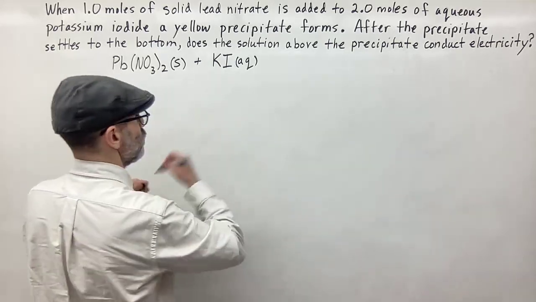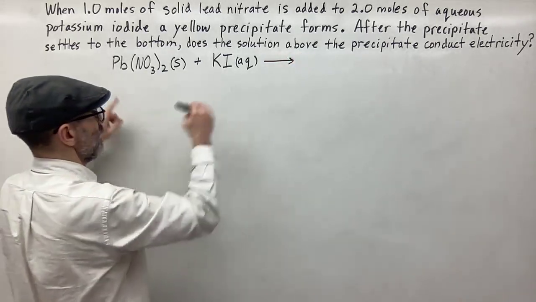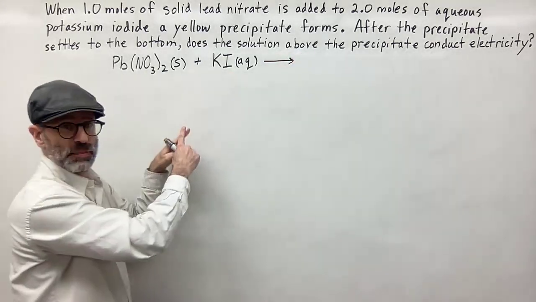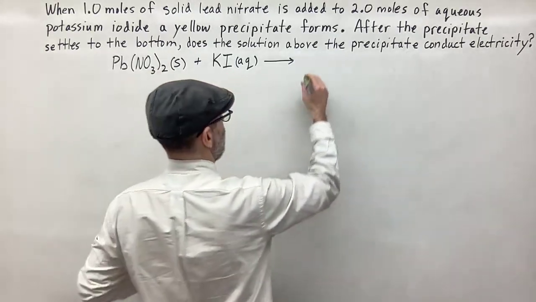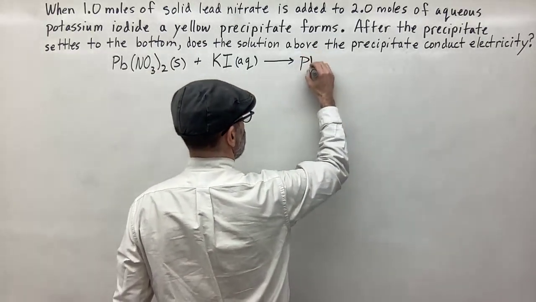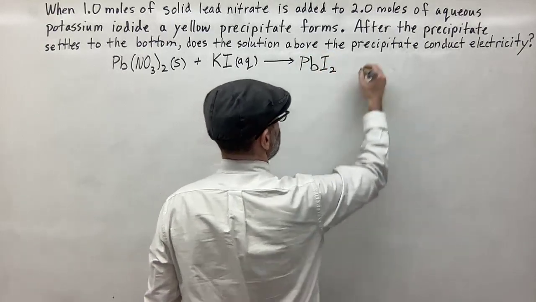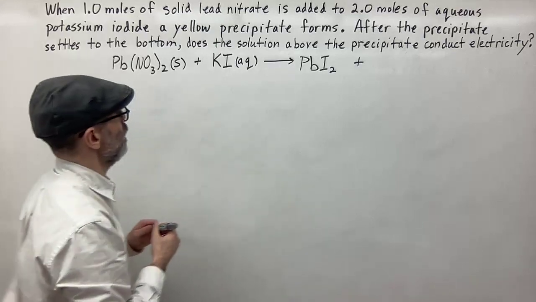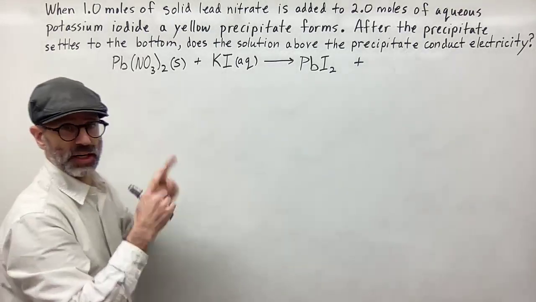So to predict our products, we'll take the outside ions and put those together. So the lead 2 with the iodine is going to give us PbI2 for the formula, plus, and then the inside ions go together. So potassium and nitrate are going to go together.